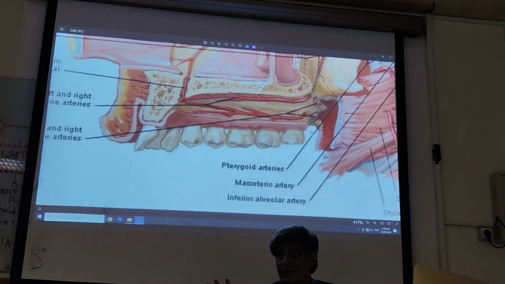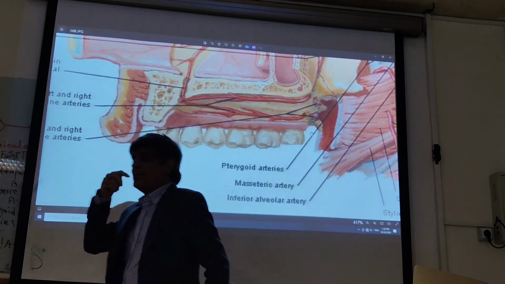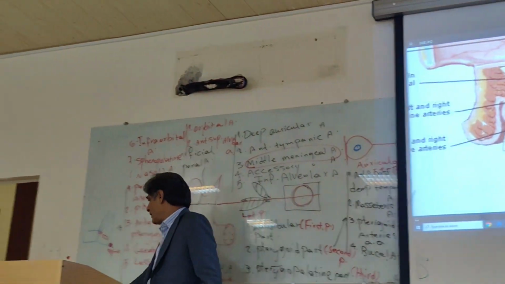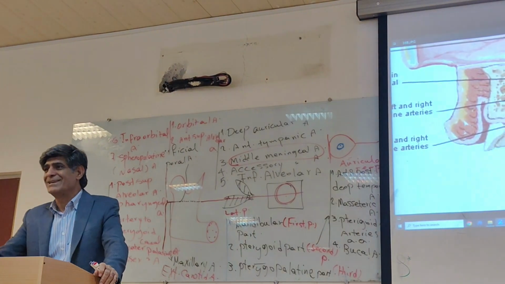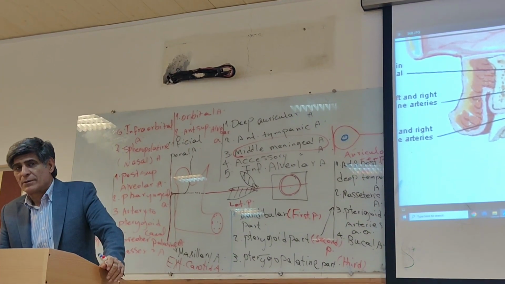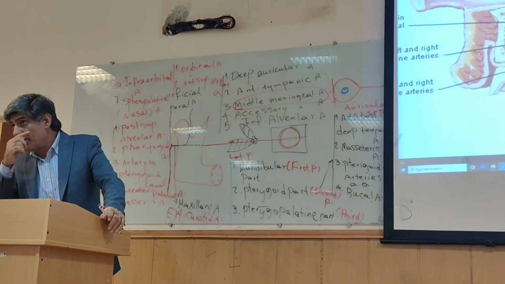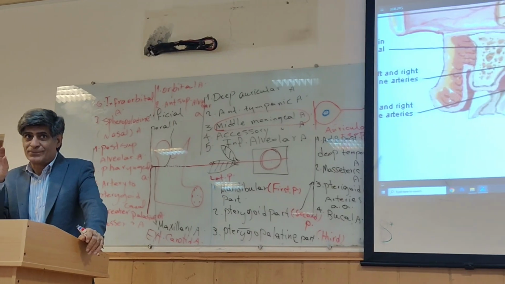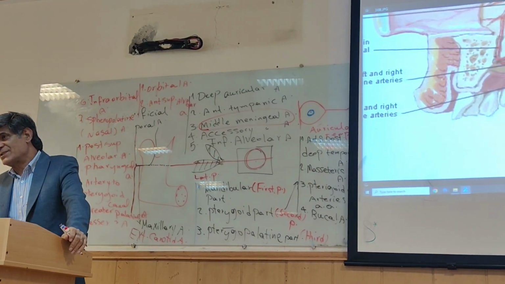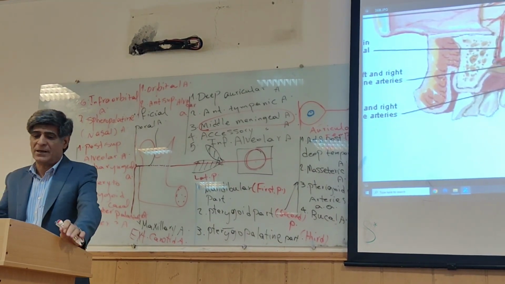All are branches of the maxillary, very, very important. The upper jaw and lower jaw are supplied by the maxillary artery.